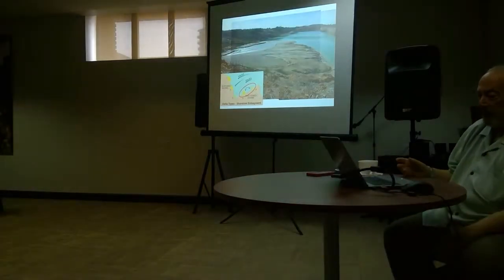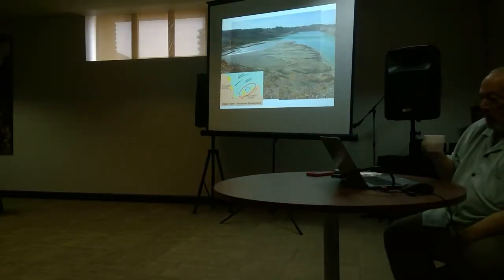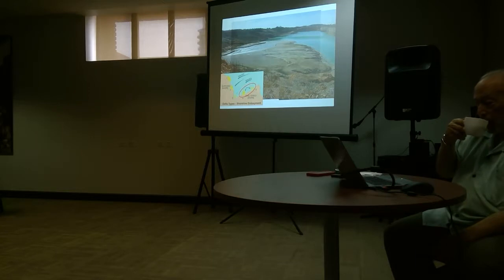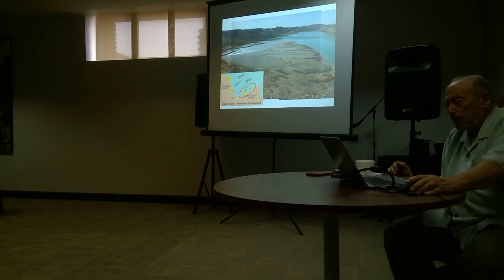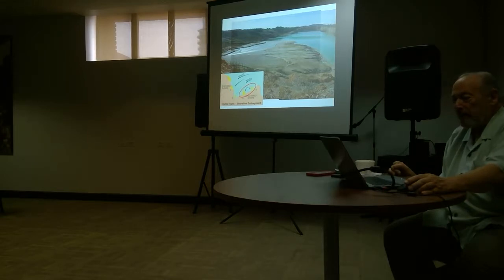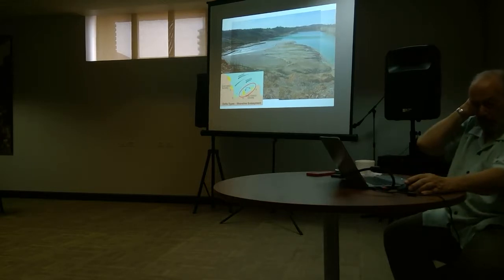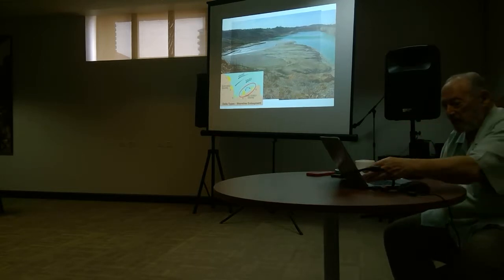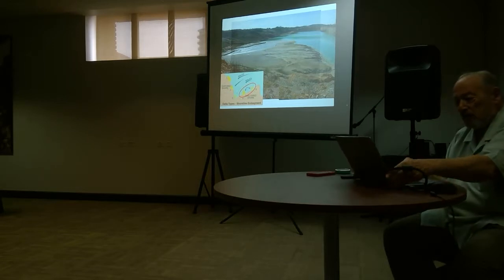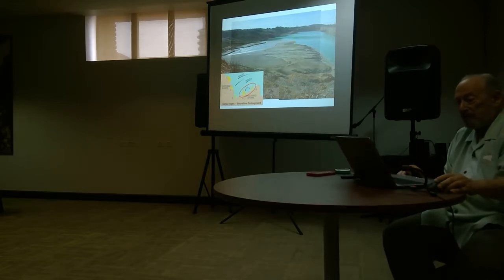Now here's a real delta of sorts in an old abandoned quarry in Oklahoma that I take people out to look at, because I turn this into an analog for a marine delta, even though this is just fresh water in a quarry.